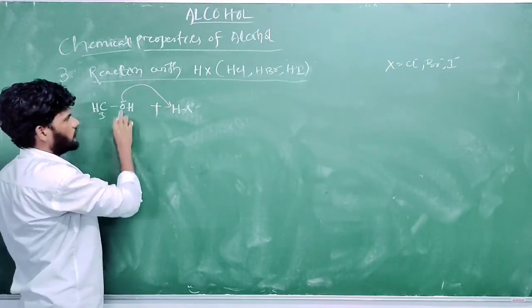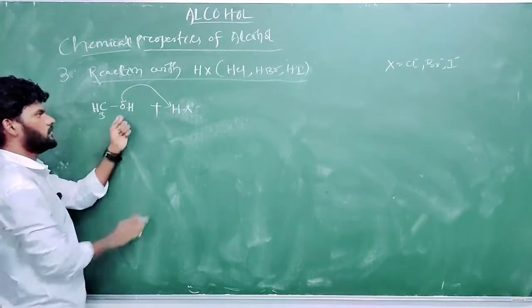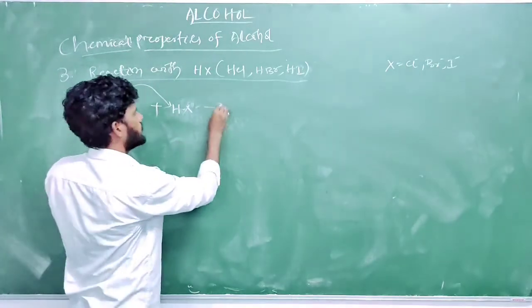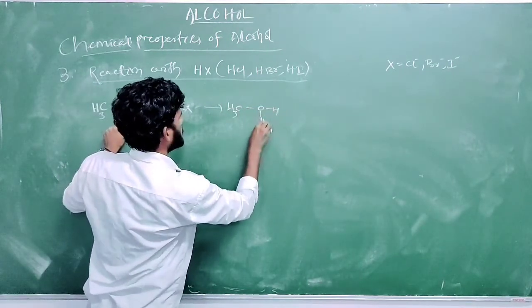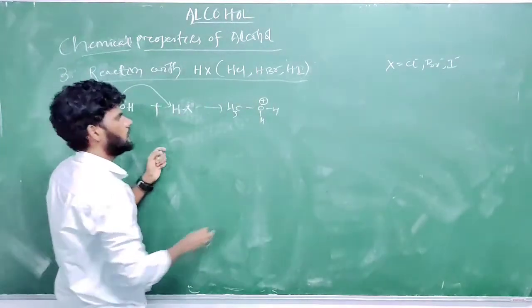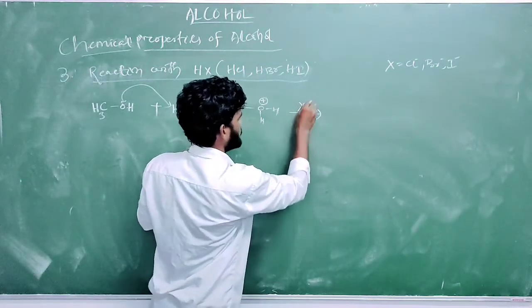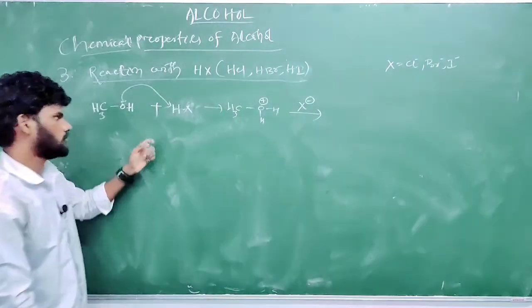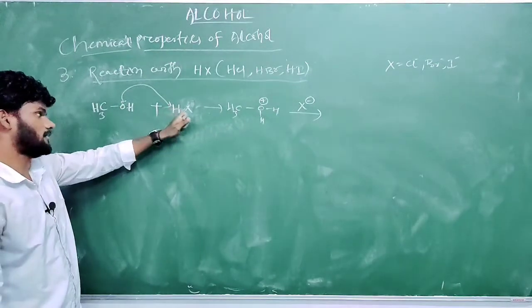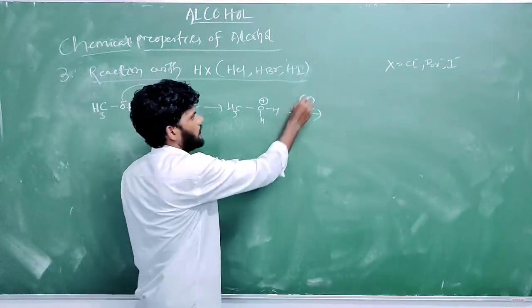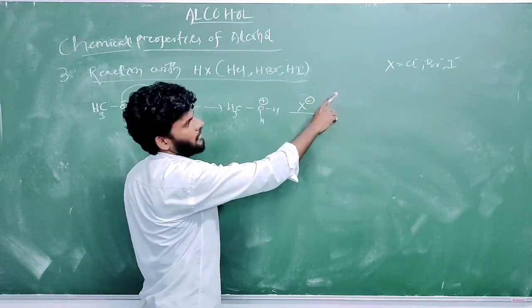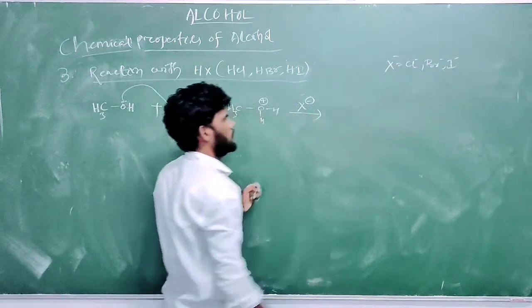Similarly as previous, oxygen will attack the hydrogen, giving a positive charge over oxygen, CH3OH2 positive. And what is the remaining part? X minus. So H plus is taken, and what is present now in the solution is X minus, which may be Cl minus, Br minus or I minus.